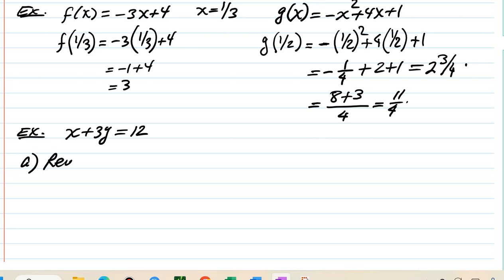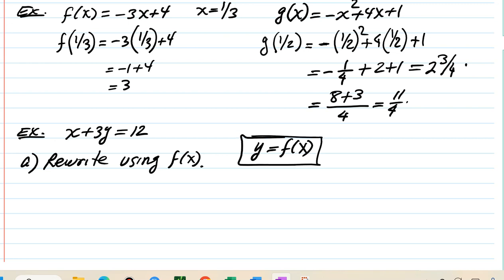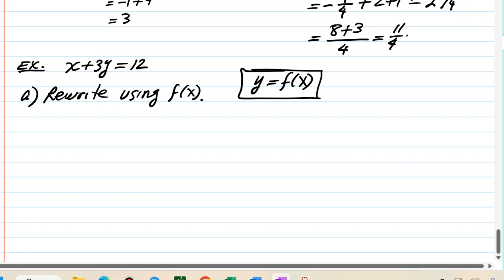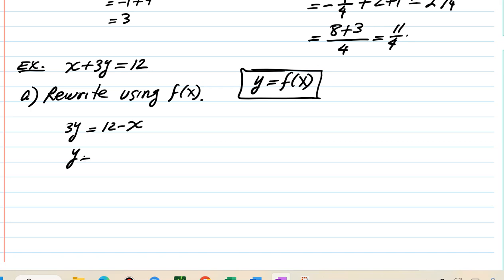So I'm going to rewrite using f of x. To do that, remember, y and f of x are the same thing in the case of functions. So all I have to do is solve the equation for y. I'm going to subtract x from both sides and divide both sides by 3. And that's what we get.